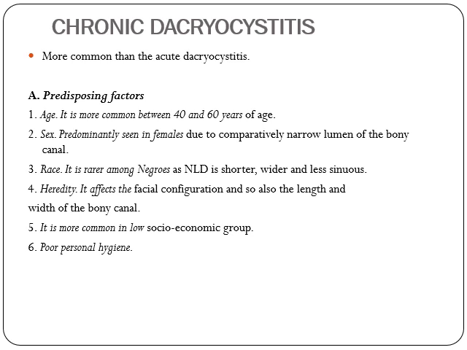Adult dacryocystitis. In this, chronic dacryocystitis is more common than acute dacryocystitis, and the predisposing factors are age between 40 to 60 years. Then females are more affected due to the comparatively narrow lumen of the bony canal.